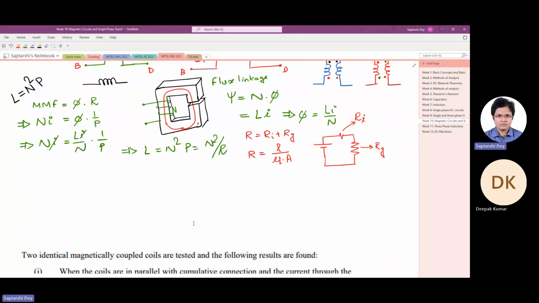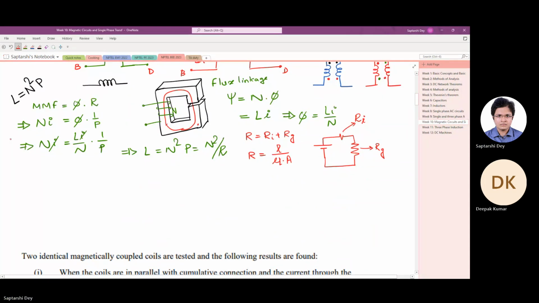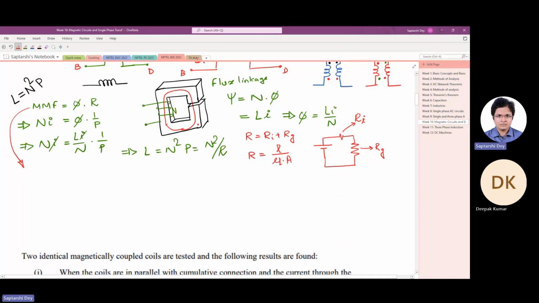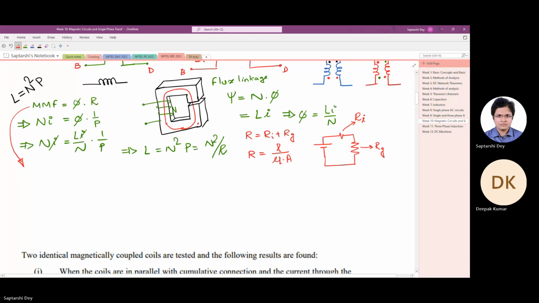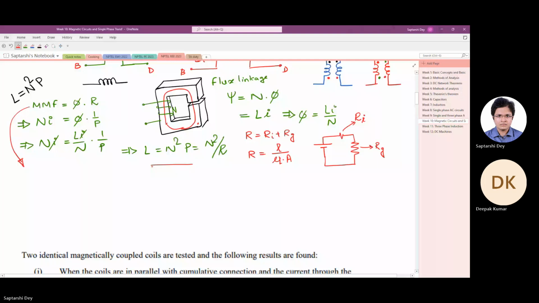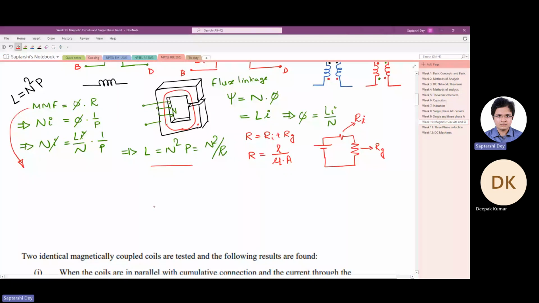Now, since we have gone this far, let us do one last thing. From this equation, MMF equals phi times R, this comes from Ampere's circuital law. So if I draw this C core once again, have you studied Ampere's circuital law?